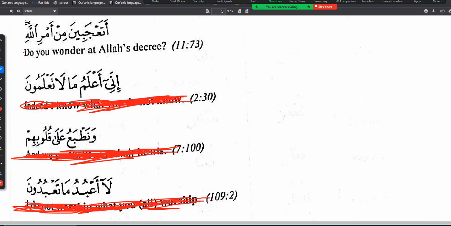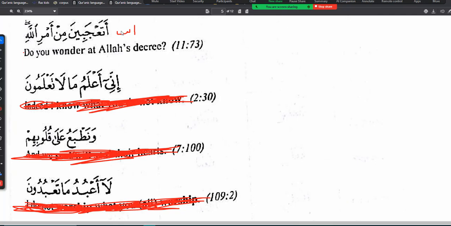So ta'jabina, what pronoun is that? Anti, very good, like taf'alina. Not antunna. It's anti ta'jabina.